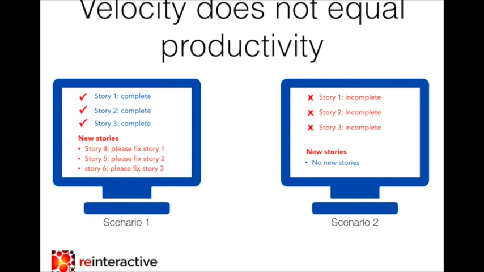At the end of each scenario, the features are exactly the same. Everyone's done the same amount of work and everyone's happy, but the number of points is different because in one scenario, we raised a lot of new stories with points. So this example shows that velocity doesn't equal productivity. And if we had estimated things in hours, people could get very confused about what that velocity number actually means.